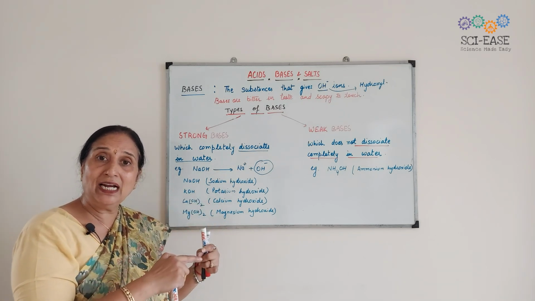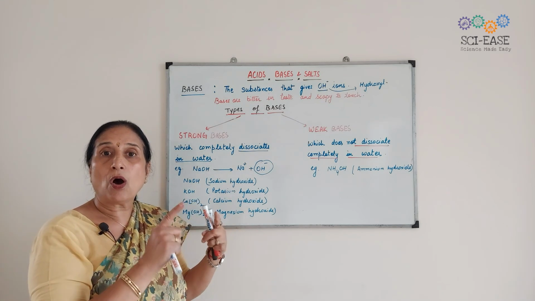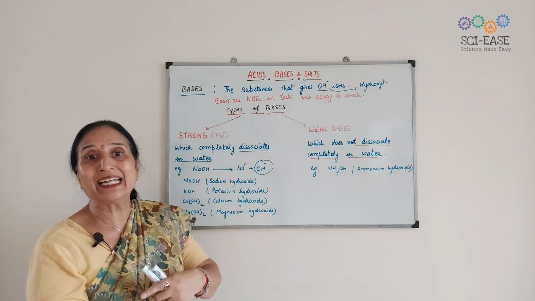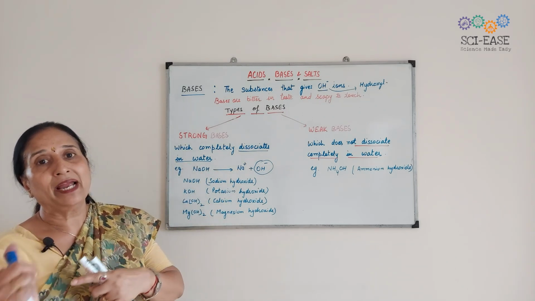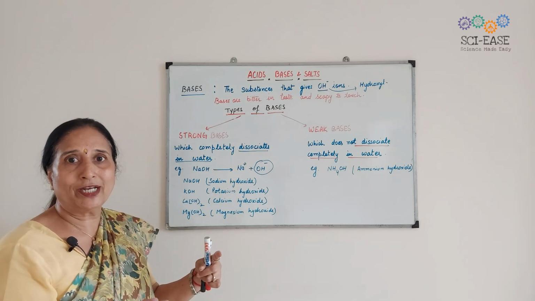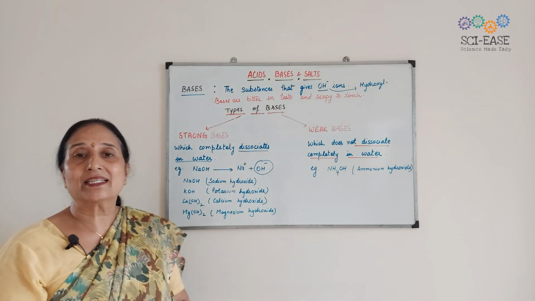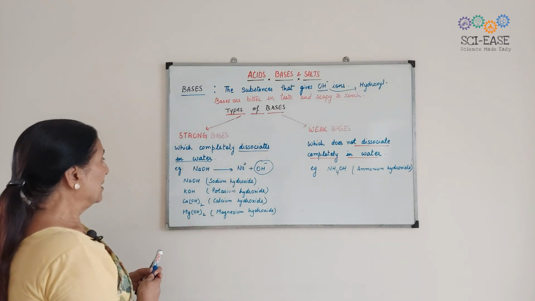Means if we are taking 100 molecules of sodium hydroxide, it will completely dissociate into sodium and hydroxyl ions. All the 100 molecules will get dissociated. Now, what are other examples of strong bases?